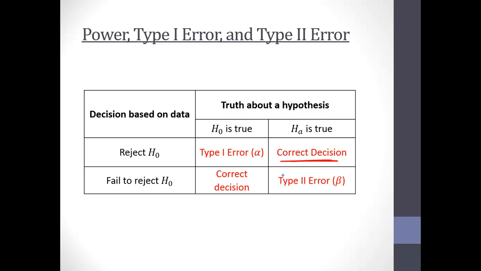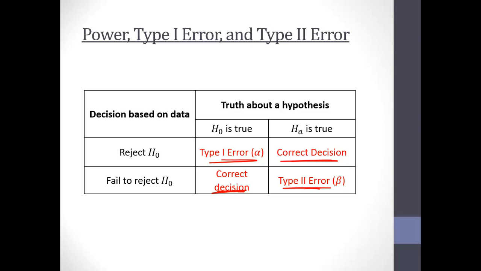You make the correct decision if you correctly reject the null hypothesis, or if you correctly fail to reject. But you can make errors as well. You can reject the null hypothesis when it's actually true, or you can fail to reject it when it's actually not true.